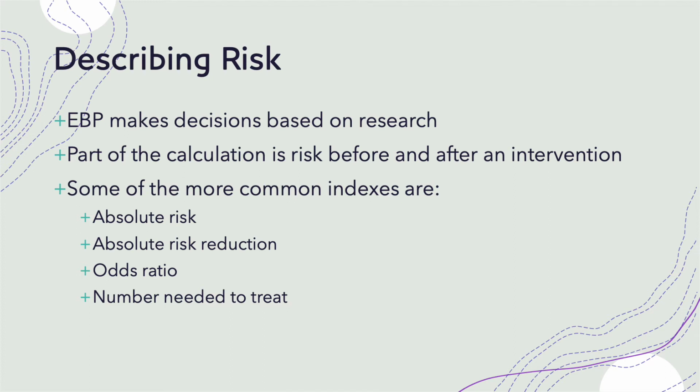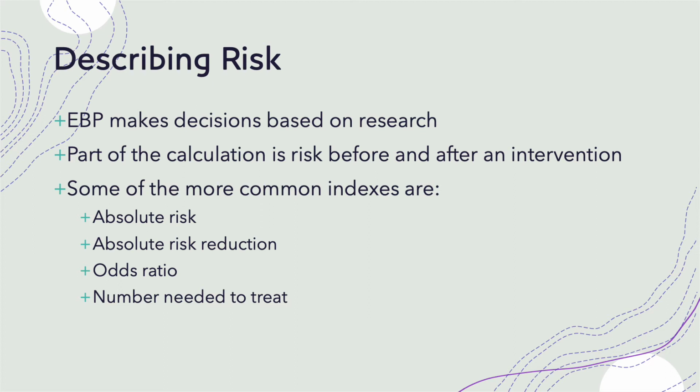If you take a look at table 13.4 in your text, there's an example of desirable and undesirable outcomes. Absolute risk is the proportion of participants that experience an undesirable outcome in each group.